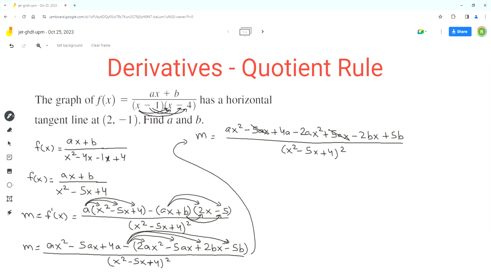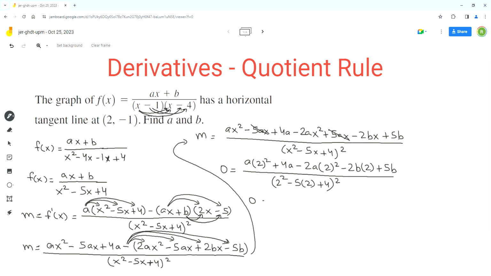Now we are given that the tangent line is horizontal, so that means the slope is equal to 0 and the point is (2, -1). So we should sub in x as 2 in this expression. So we get a times 2 squared plus 4a, then minus 2a times 2 squared, then minus 2b times 2, then plus 5b, over 2 squared minus 5 times 2 plus 4, squared.